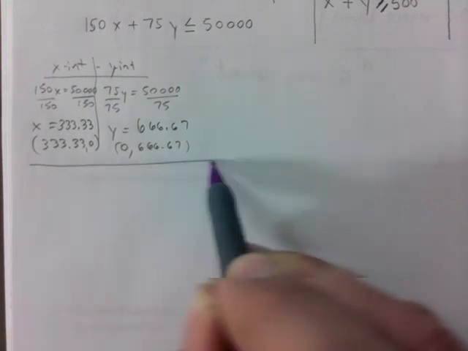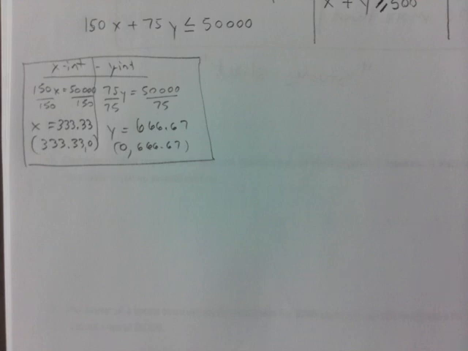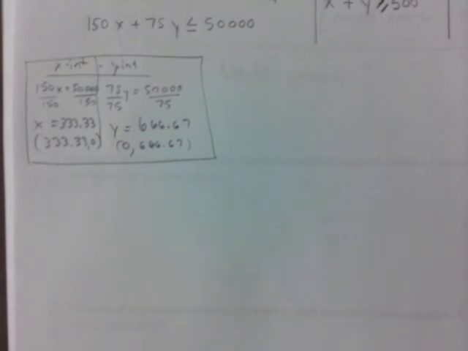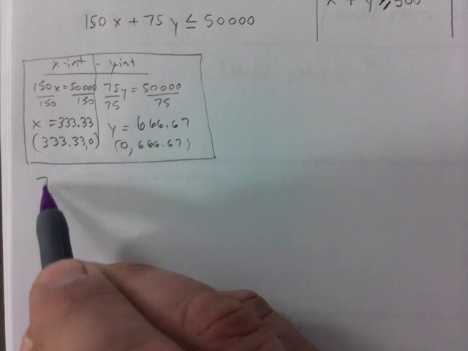There you go. Your intercepts are decimals. That's okay. We'll just plug them in somewhere on the graph and make it work. There you go. And then rewrite it.